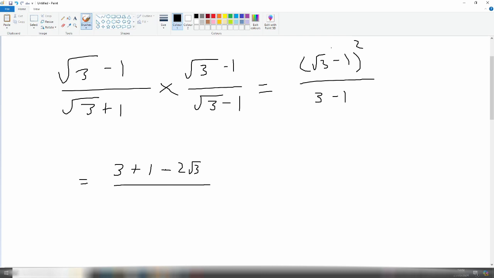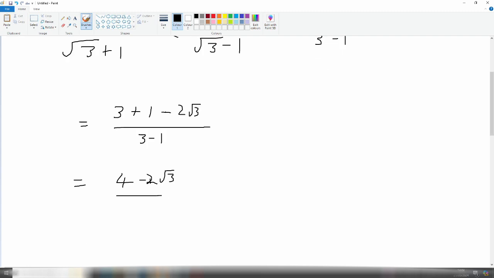Remember, when it's a minus b all squared, it's a squared plus b squared minus 2ab. And now the difference of two squares, we've got 3 minus 1. Well, 3 plus 1 is 4, and that's 4 minus 2 root 3, and that's all divided by 2.